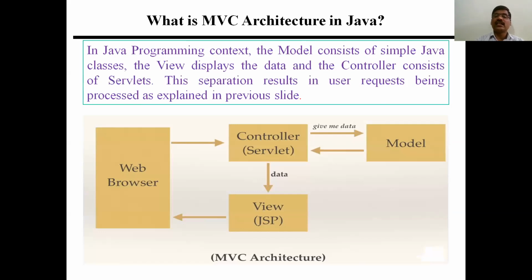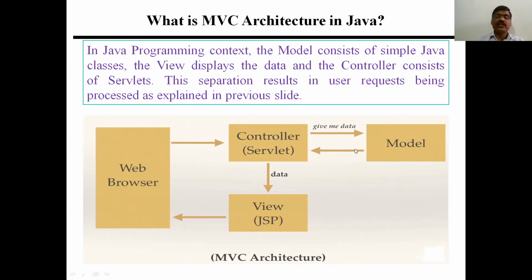So the architecture is like this. The user will make use of a web browser to give a request, and the request goes to the controller. Controller is nothing but the servlet, and the servlet will ask the model to give the data, and the model will provide the data to the controller.